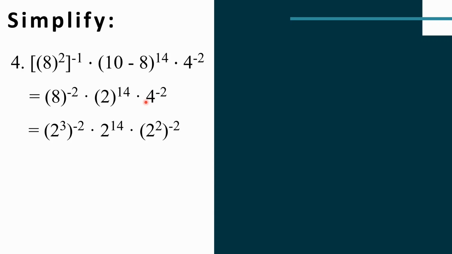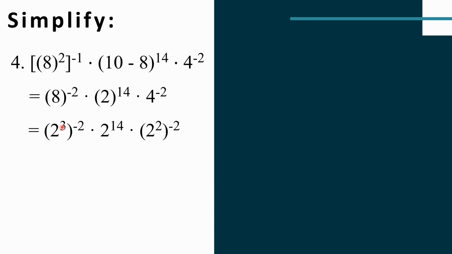Diba? Tama ba? 2 times 2, 4 times 2, 8. So, 2 times 2 times 2 is equal to 8. So, isinulat lang natin siya or nire-write natin siya into exponential form. Naging 2 cubed raised to the power of negative 2. Kopya. And then ito, nasa 2 na siya to 14.